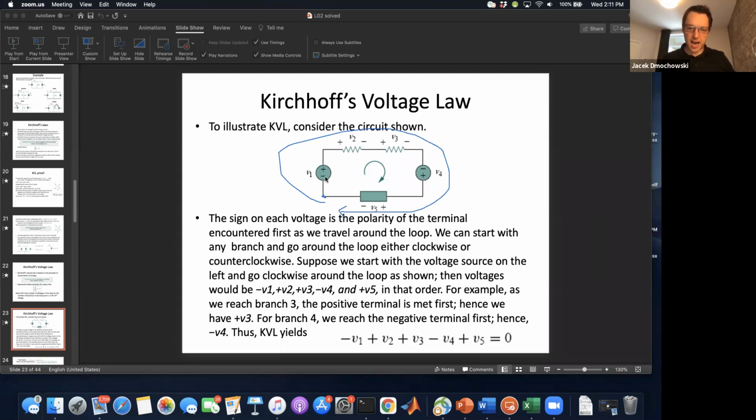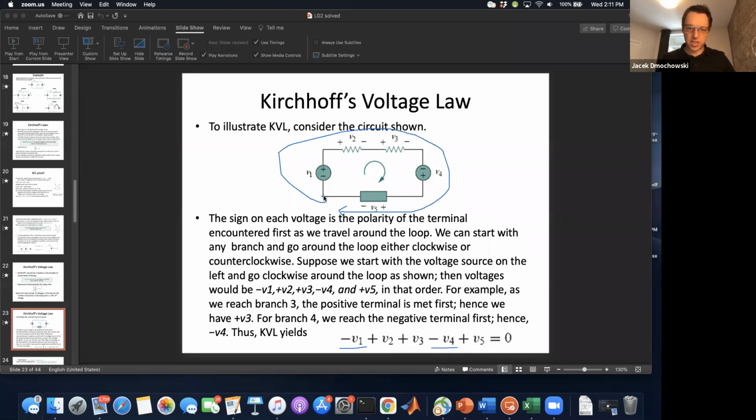Every time we go from negative to plus, such as here or here, we indicate the voltage with a negative sign. And every time we go from a plus to a minus, such as here, here, and here, we indicate the voltage with a plus.